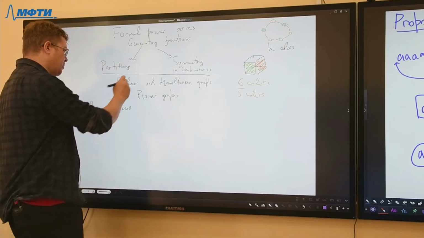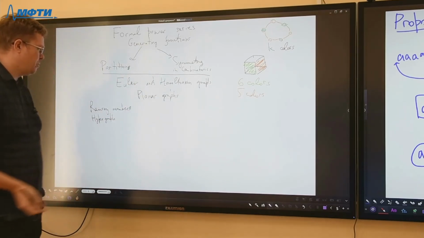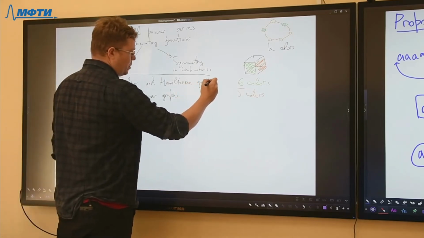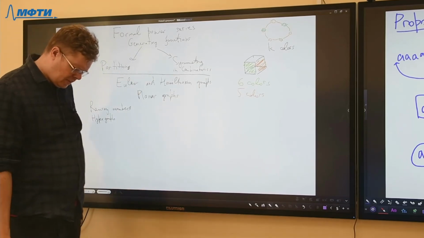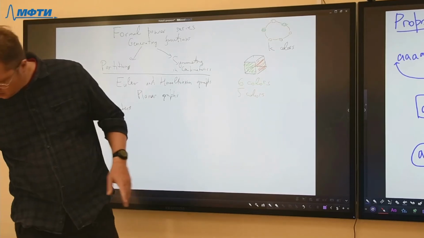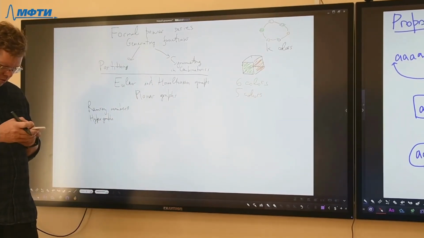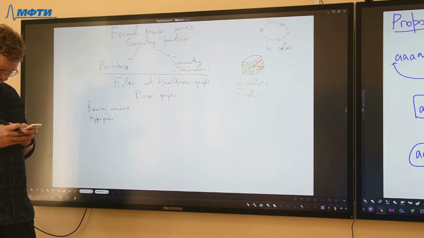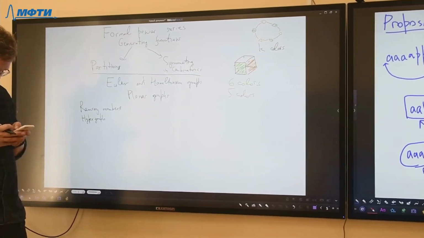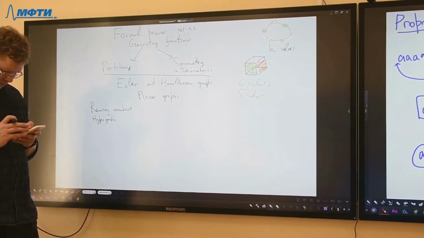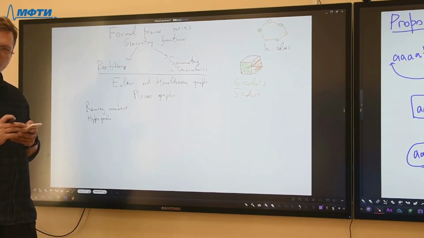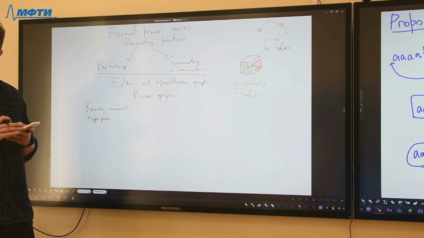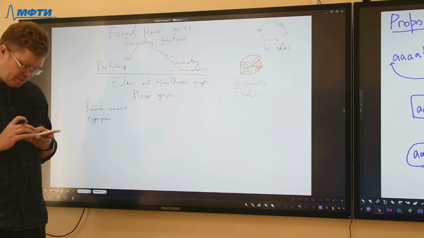Okay, maybe I will just need to remind you of it, and we will go further. What is it called? Representation of graphs by matrices of zeros and ones? Presentation of graphs by matrices?